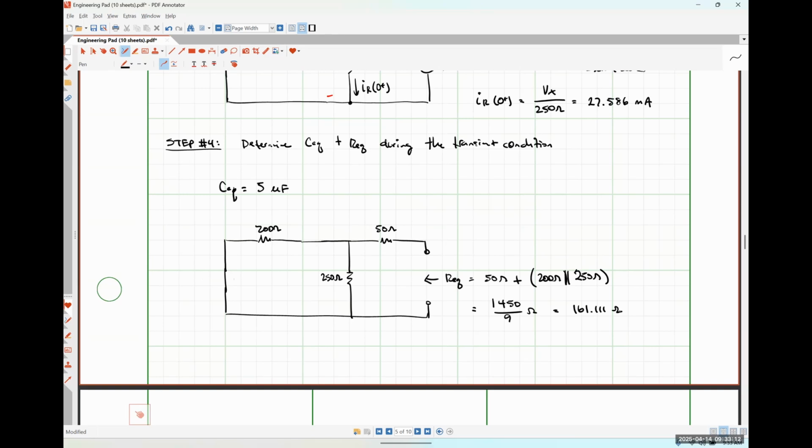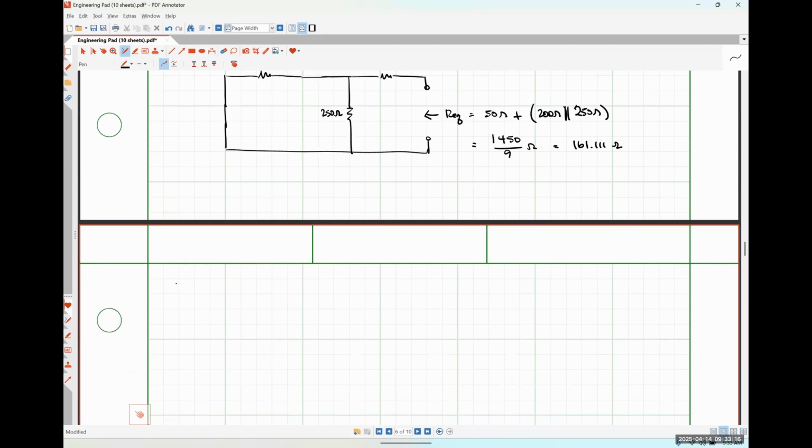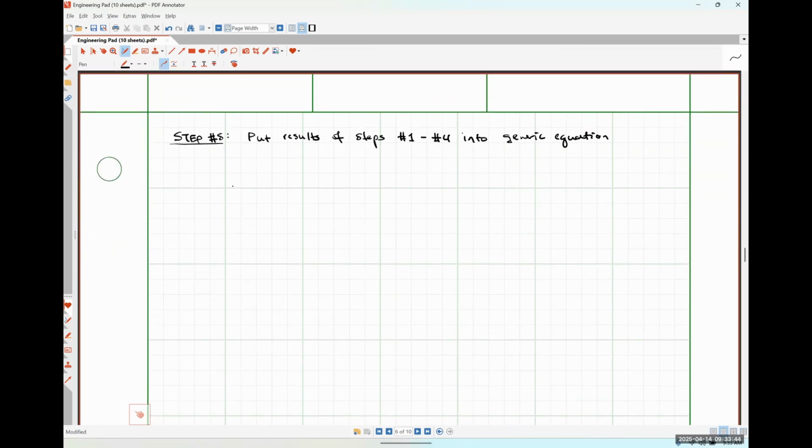And now for step 5, we simply put stuff into our generic equation. So for us, with this RC circuit, our generic equation will now be y sub n of t is equal to y at 0 minus for t less than or equal to 0 minus, and y at 0 plus e to the negative t divided by REQ for t greater than or equal to 0 plus.